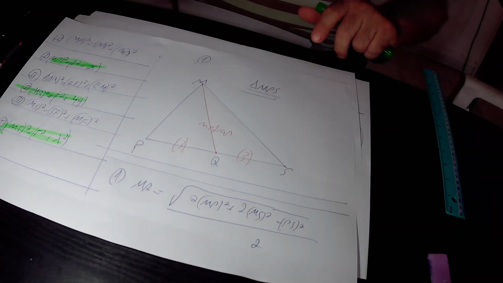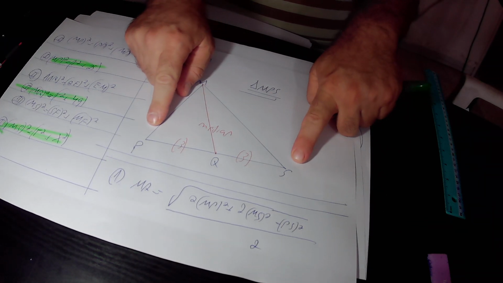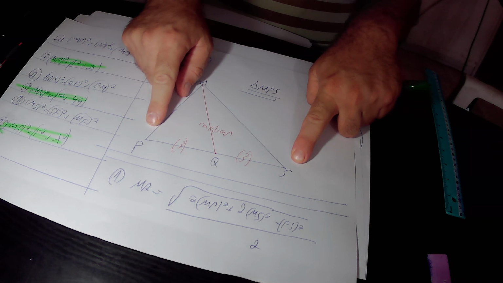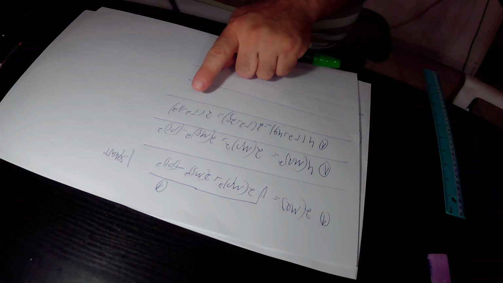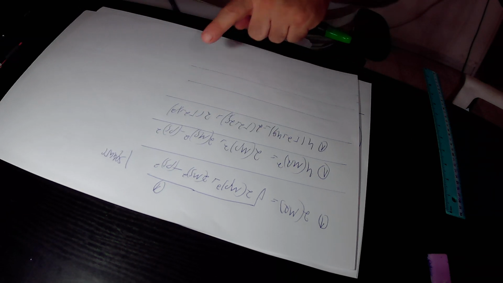From the drawing, it is very easy to see that PS in total equals 3 plus 3, that is 6. If PS equals 6, it means that PS squared must be equal to 6 squared, that is 36. So minus PS squared is minus 36.